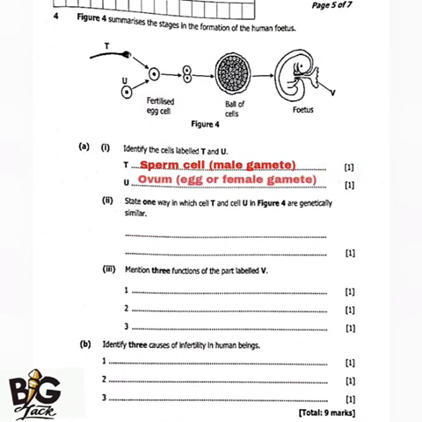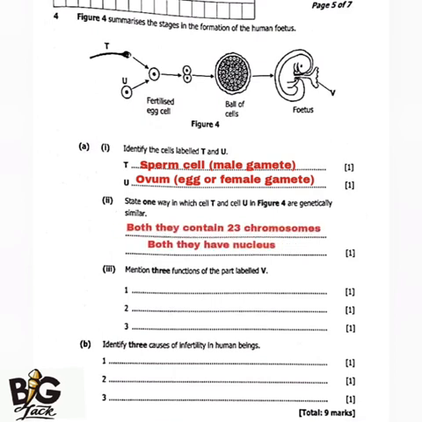Then Roman numeral 2 is saying state one way in which cell T and cell U in figure 4 are genetically similar. So I'm going to say both cell T and U contain 23 chromosomes. These 23 chromosomes come from the haploid number.